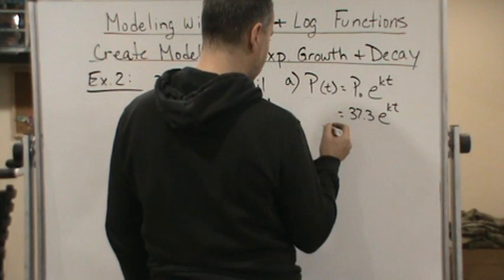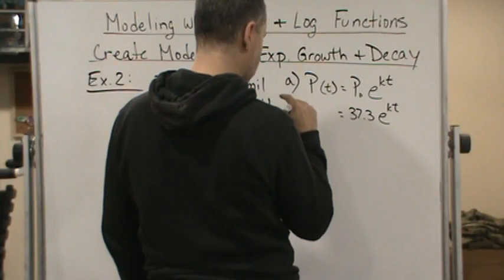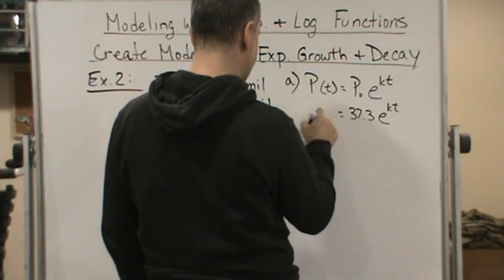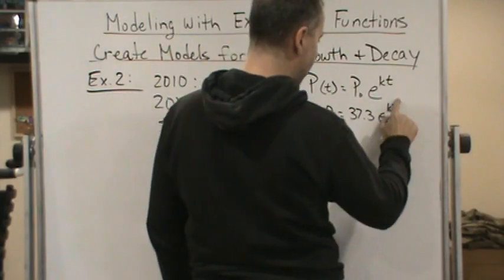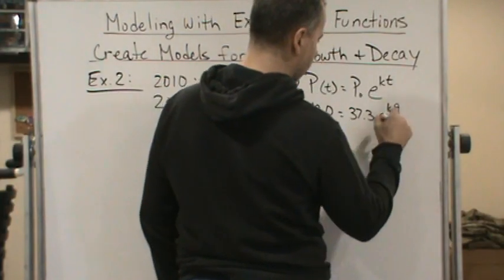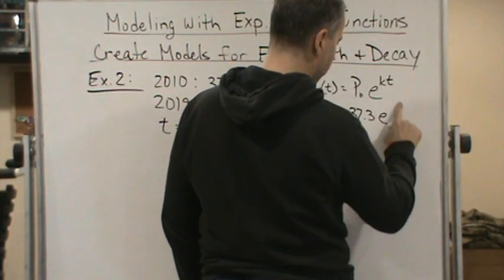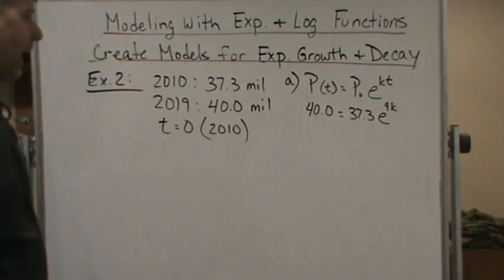So let's put in the information. The ending amount we know is 40.0, and we know how much time had passed. We know that was 9 years. So k times 9, or we could more appropriately write 9 times k. That's the power.